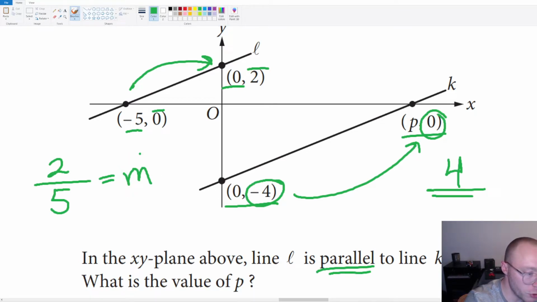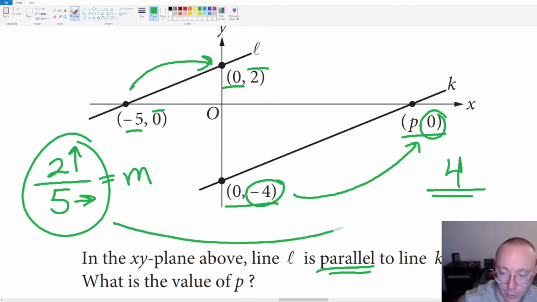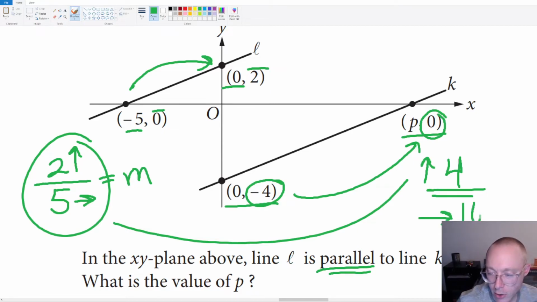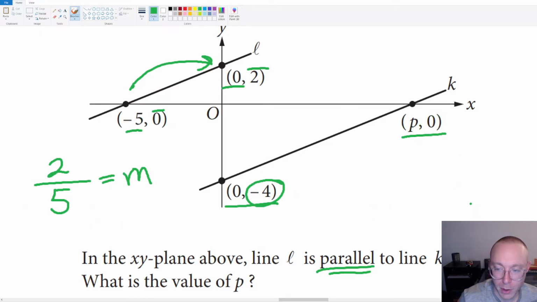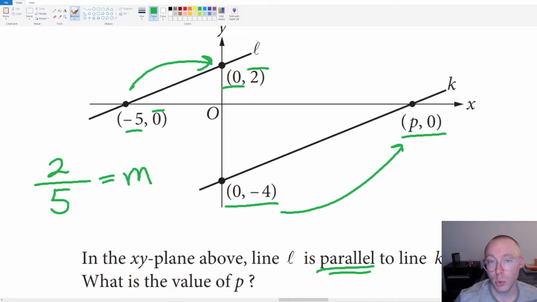It would be 2 up and 5 to the right. If we did this twice, we would end up going up 4 units and to the right 10 units. And that's exactly how we can find our way from the known point in line K, which is (0, -4), over to the partially known point, (P, 0).